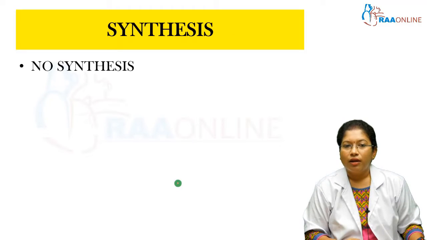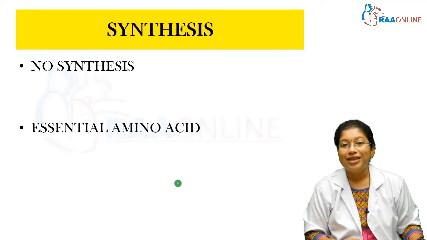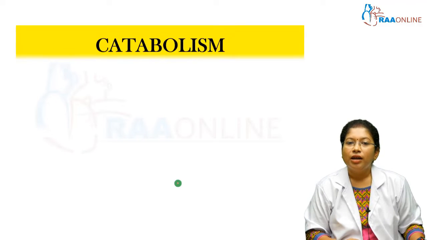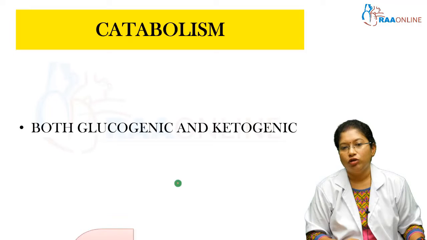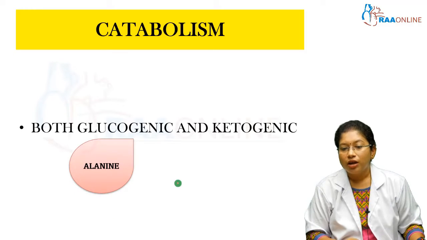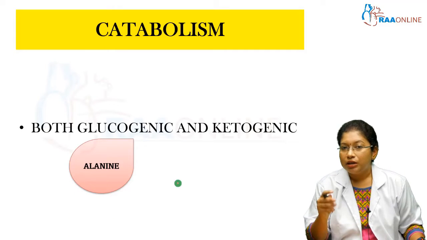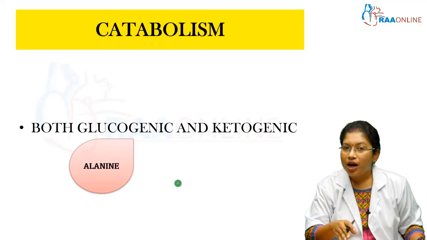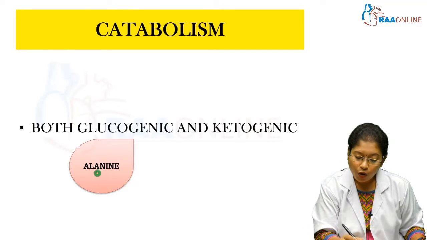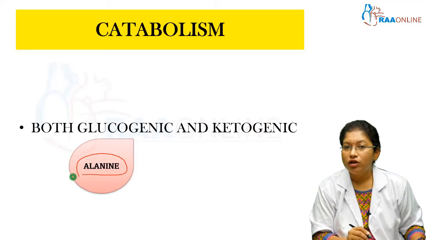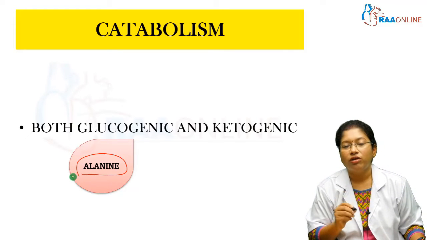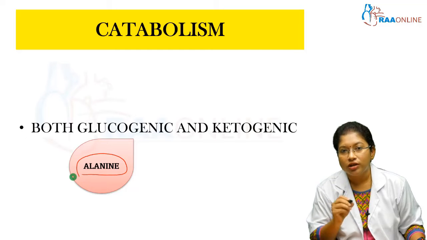Synthesis, there is no synthesis, so it is called an essential amino acid. Catabolism, it is both glucogenic and ketogenic. Glucogenic, how is it formed? Tryptophan is metabolized to give the compound called alanine. Alanine is well known as a non-carbohydrate source for gluconeogenesis.